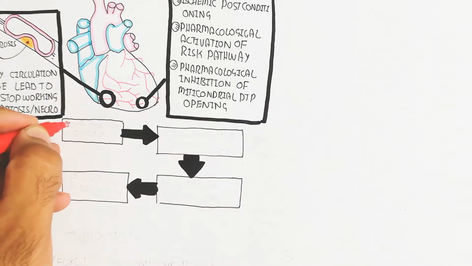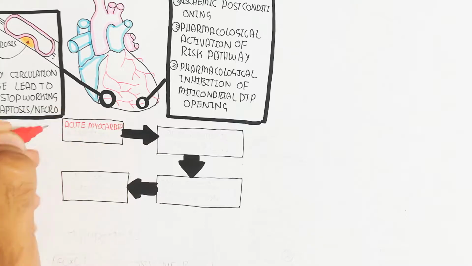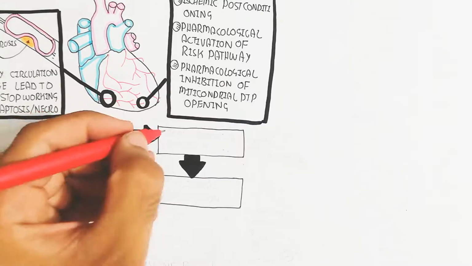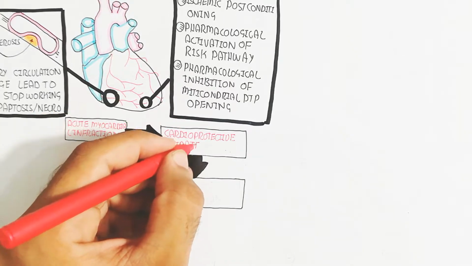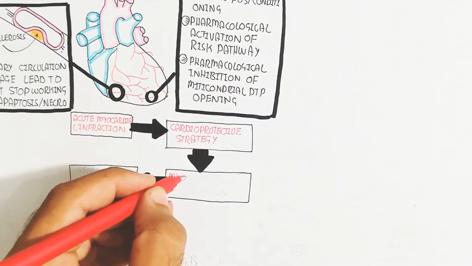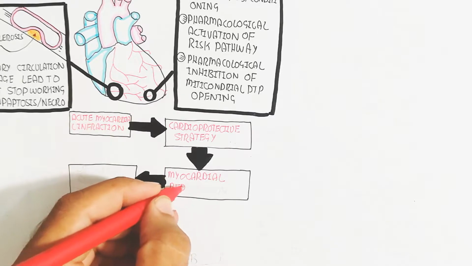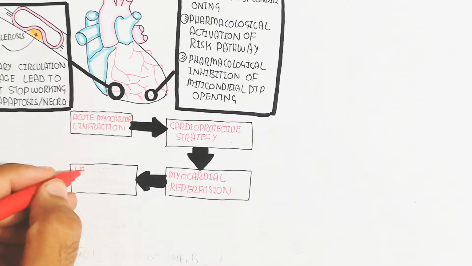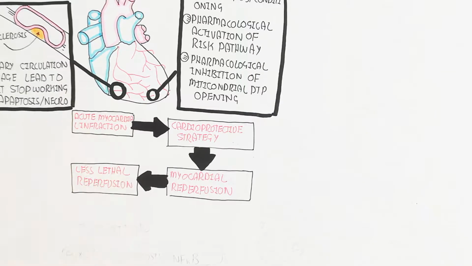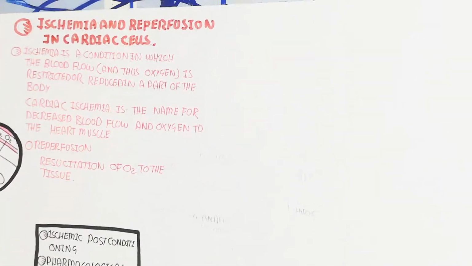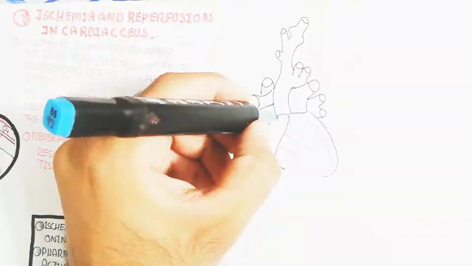Why the inhibition? Inhibition will prevent apoptosis. So in acute myocardial infarction, a cardioprotective strategy will lead to myocardial reperfusion, and in this way less lethal reperfusion can be possible. So let's begin to understand.